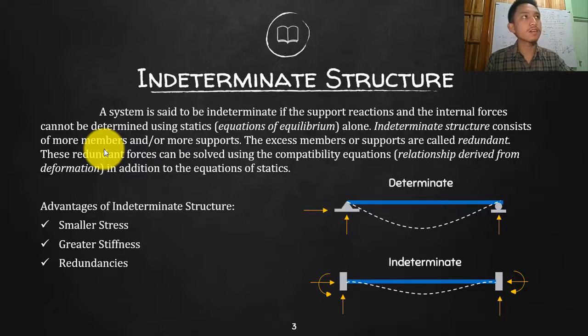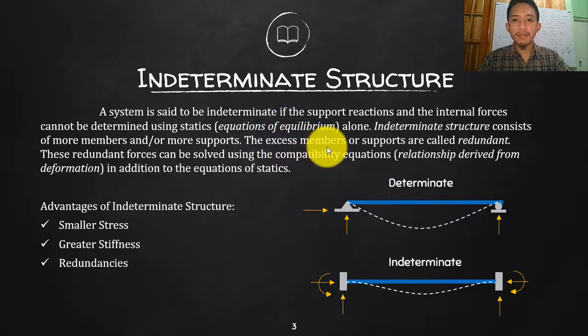You need a maximum of three forces in your supports so that you can solve using equations of statics. But if it is more than that, then you cannot just use your equations of equilibrium.